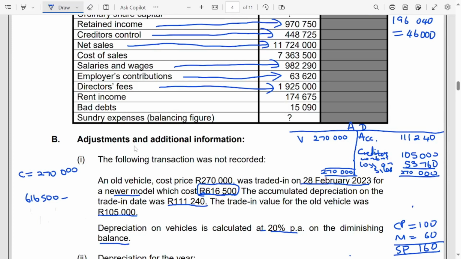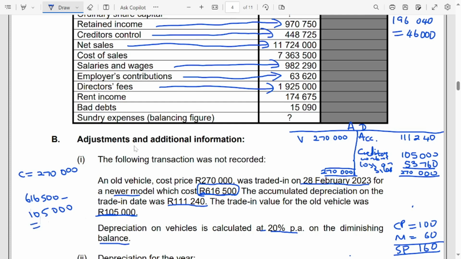Okay, so in here, the trade-in value for the old vehicle is 105,000. So it means that the creditors' amount of 616,500 is going to decrease by this amount of 105,000. Right?